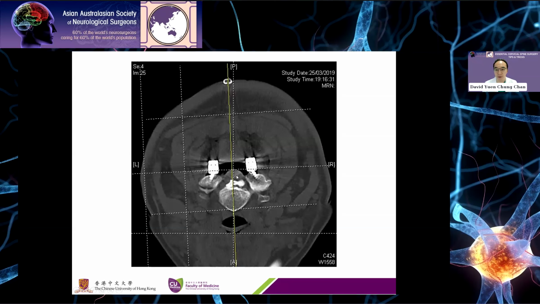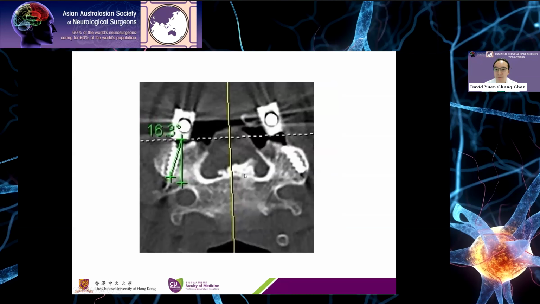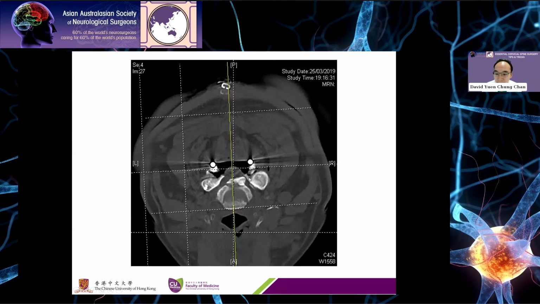This patient had improved myelopathic symptoms, but worsening radiculopathy after the initial operation. As you can see, there's still lateral recess stenosis, like in this case.